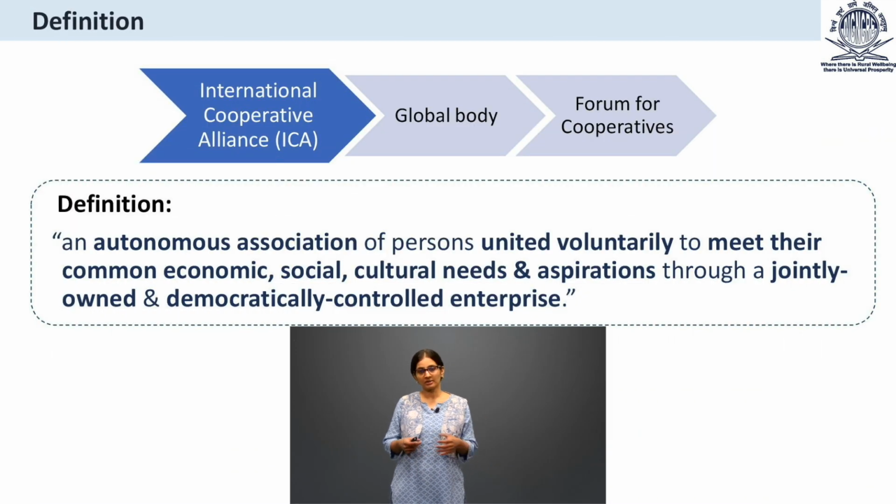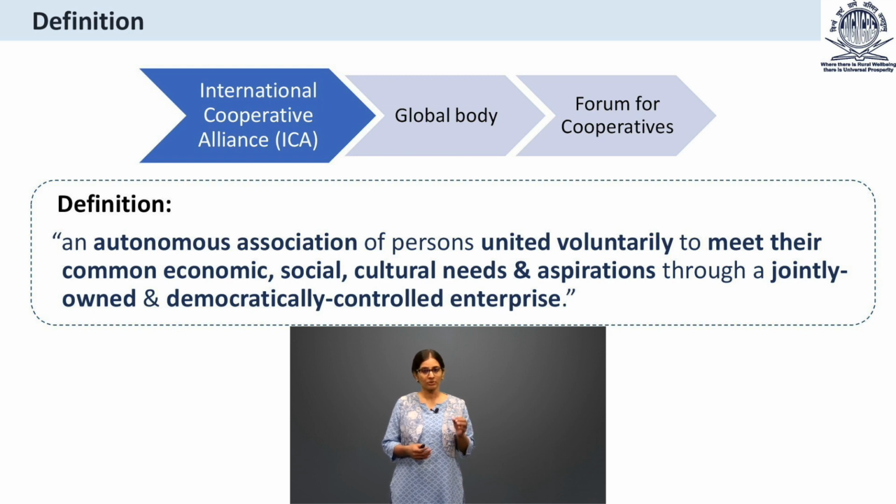The standard definition of a cooperative that is accepted has been given by the International Cooperative Alliance. It is a body that coordinates any action related to cooperatives. It's a global apex body for cooperatives and provides them a global voice and forum. The definition of cooperative as given by the International Cooperative Alliance is as follows.